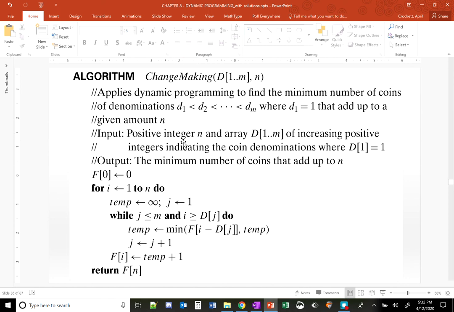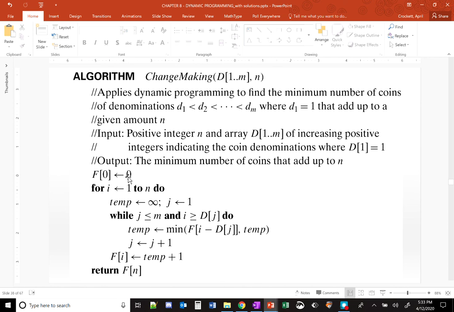The input is a positive integer n, that's our amount that we're trying to give change for, and an array, this is our coin denomination array, 1 through m, of increasing positive integers indicating the coin denominations. The output is the minimum number of coins that add up to n. So the reason why I called my table, my array that I created F, is because the pseudocode did, and I thought that would make this more clear.